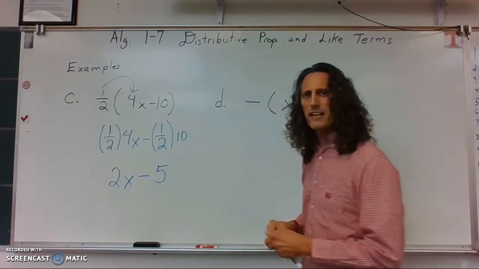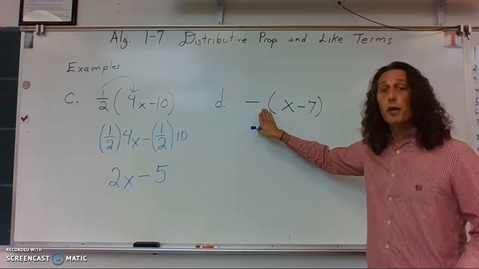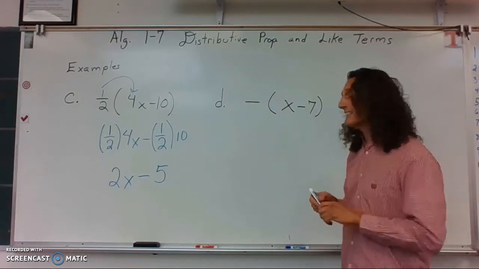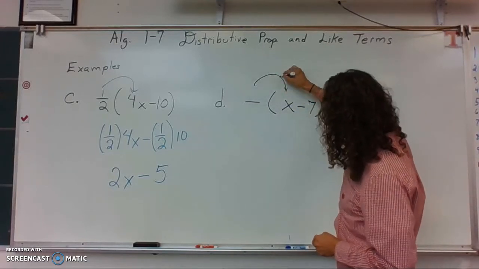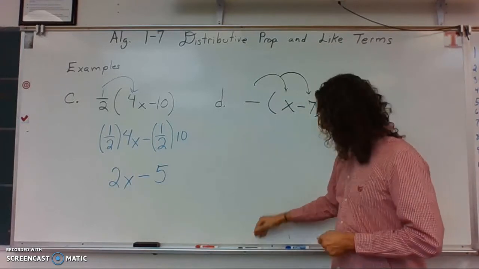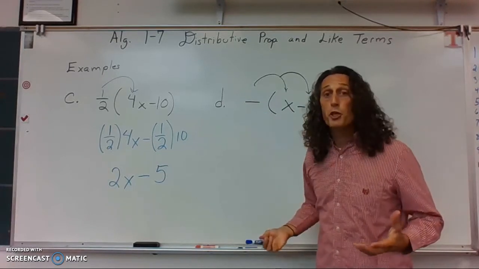Now let's look at this one that has the negative, but it has no letter of the alphabet and no number, right? Well, you're still going to distribute or pass out that negative. And this is all done through multiplication. But let me tell you a little secret. There is a number here. It's just a lot of times we don't show it.